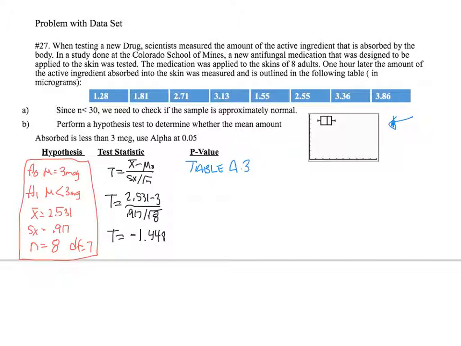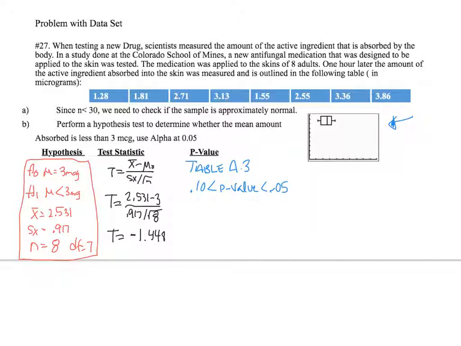Now, if we're doing it with the table to find the p-value, we go to table A3, and we find that the p-value is between 0.01 and 0.05.